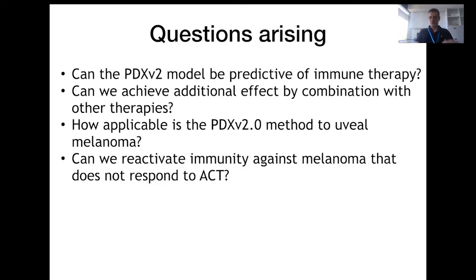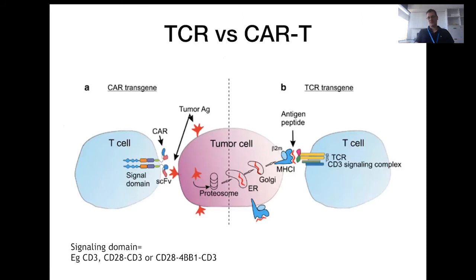So we're already thinking of how we could reactivate immunity against those uveal melanomas that do not respond to adoptive T cell transfer. And the current working hypothesis is that we could perhaps use so-called CAR T cells. And what are those? Well, they are T cells that are genetically engineered to mimic signaling from the T cell receptor.